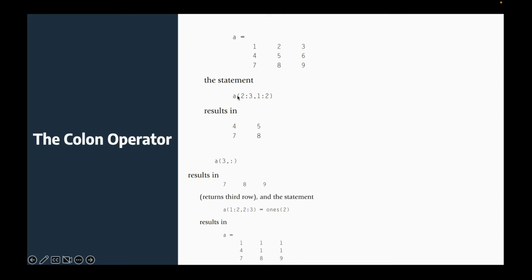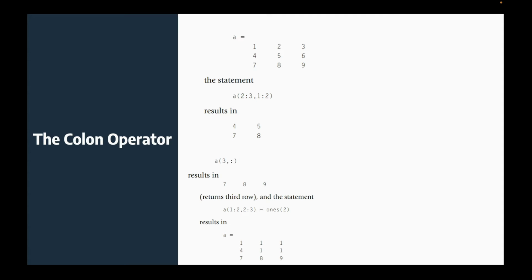Now, when you say A, open parentheses, 2 to 3, comma, 1 to 2, that's going to give you this part of the matrix. So you're taking the second and third rows, and you're taking the first and second columns. Remember, it's following the same convention. The first time we said, if you want to call a certain number, you put the number of the row where that number is, then the number of the column.